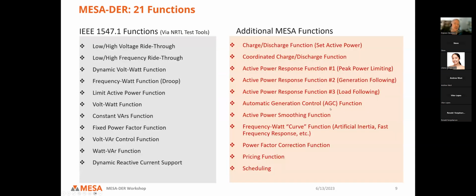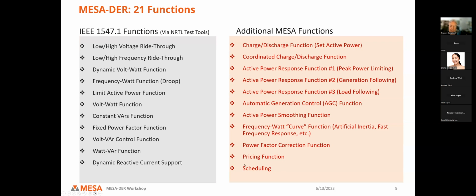So what functions have we included? We've included the 1547 functions as spelled out in the 1547.1. We also have added a number of functions that are in 61850, but are not included in 1547 yet. We'll see what happens. But I think it's important to recognize that there are additional functions.